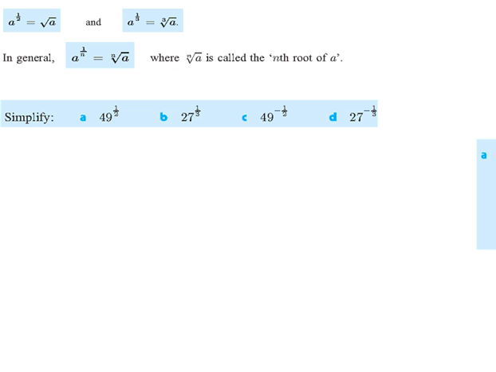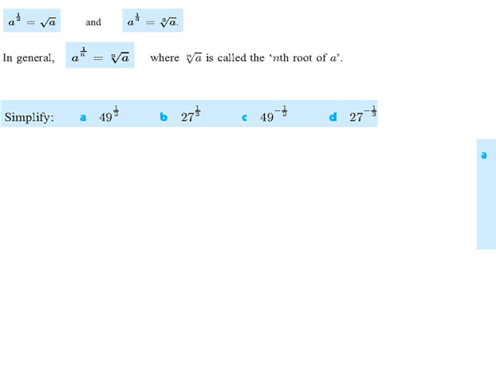So here, for example, we've got a to the 1/2. That means the square root of a. So really, we could put a little 2 here, right? That means square. We just don't write it that way. a to the 1/3 is the cube root of a. So a to the 1/n is the nth root of a.